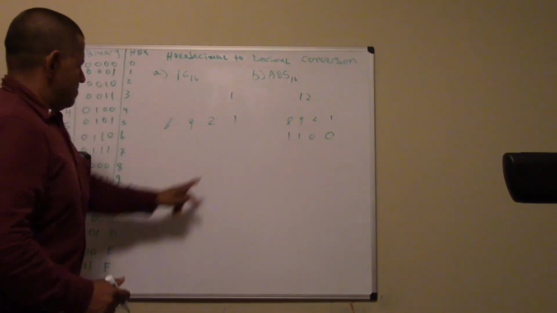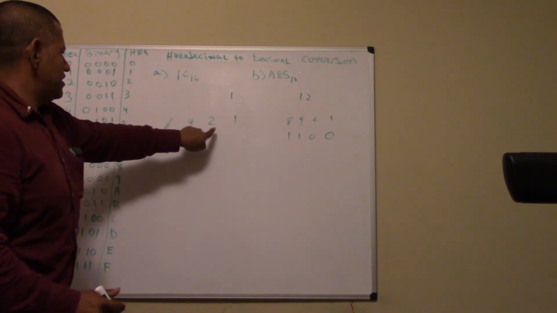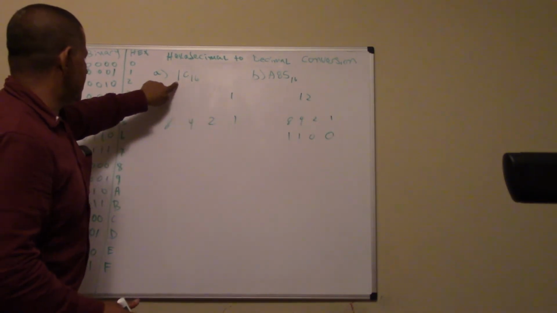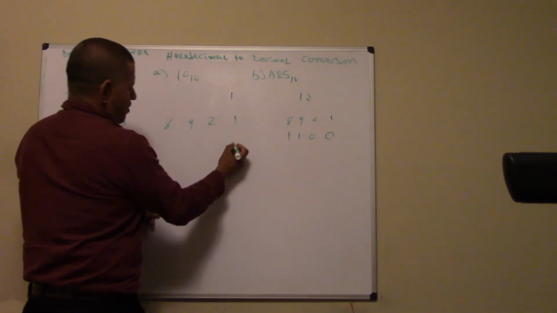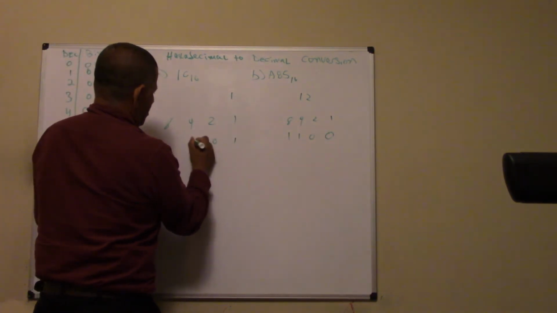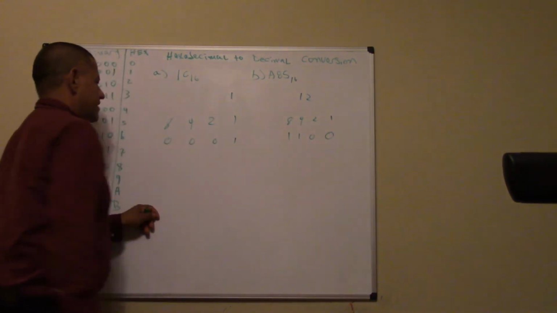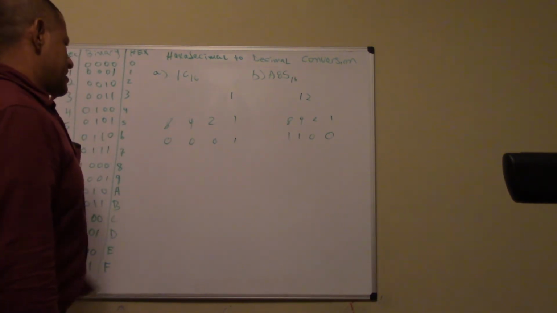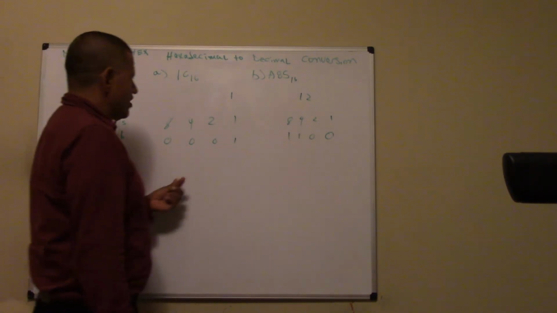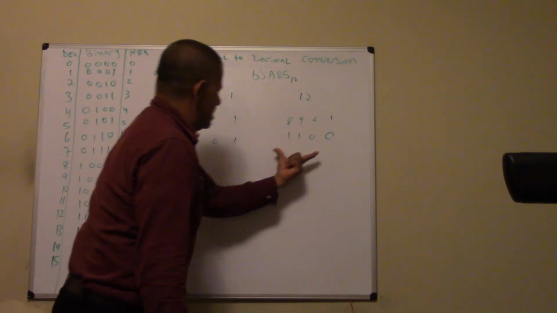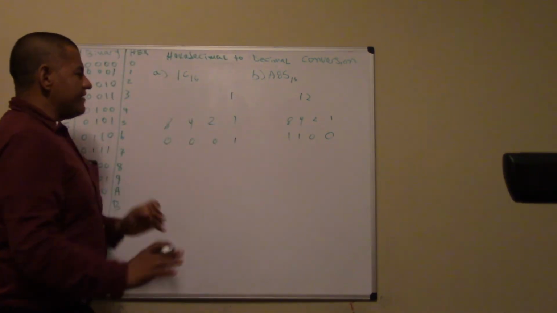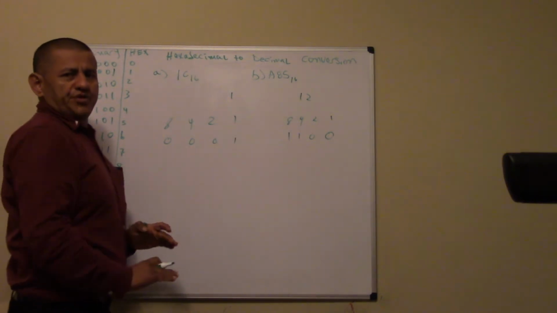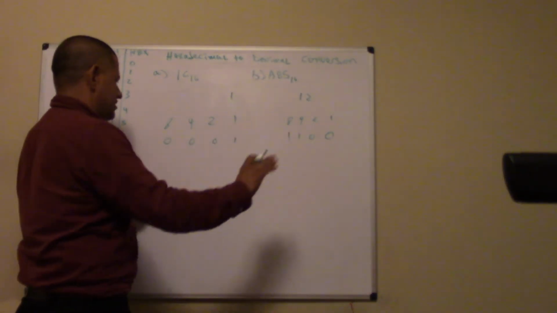Now, here you got 1, and that is the digit 1, that's what I'm looking for. So the only one that I need is 1, so I put 1, 0, 0, 0. Now, this is the tricky part. In order to do this, remember, I have to separate them by 4 bits. So I have to put one whole number, just one number.